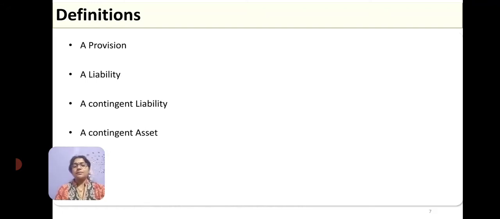Provision is any expense or liability which may happen in future, which is not present right now. Maybe because of our present actions, it may result as an expense or liability in future.